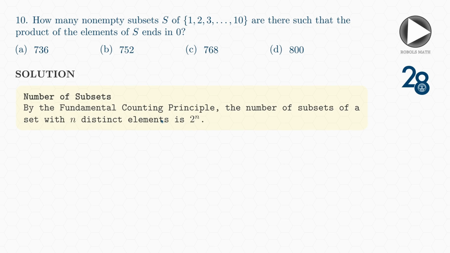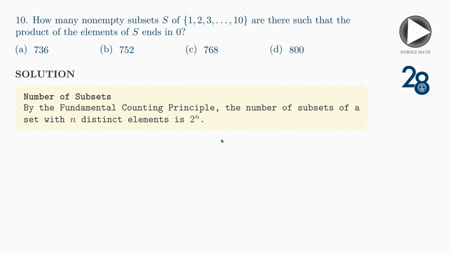Basically, if you're not familiar with this one yet, this is the case because for each of the n elements, they are either in the subset or not in the subset. So for each of the 10 elements, you have two possible ways of including or excluding them, right? So multiply n times, you get 2 to the n.